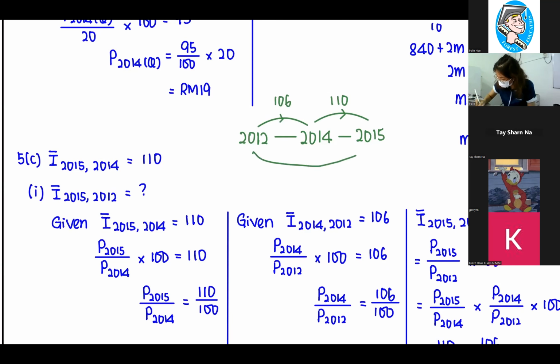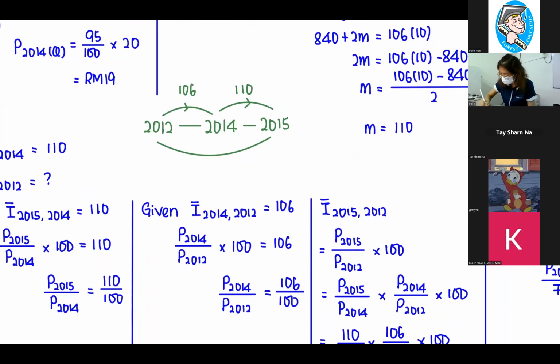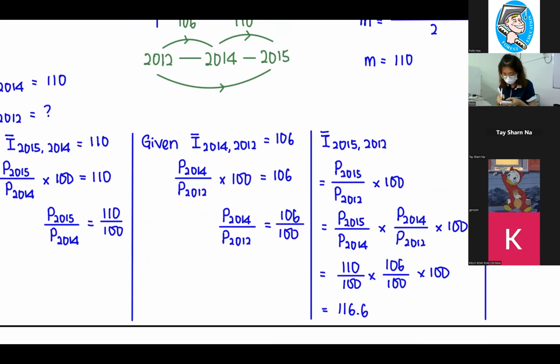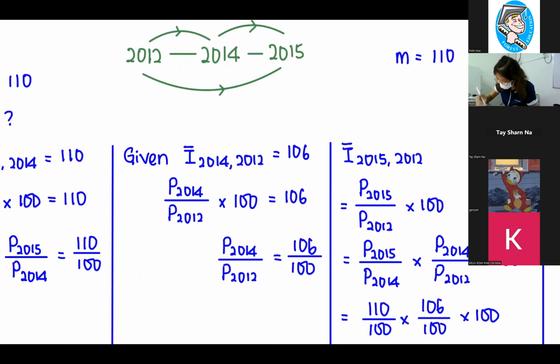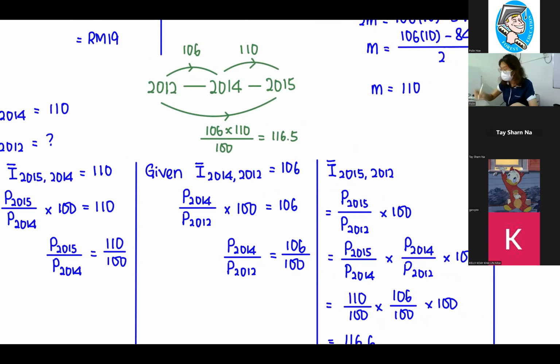So from here, what do you have? 2012 to 2015: 106 multiplied by 110 divided by 100 equals 116.5. You will feel that this is easy if you are required to calculate this.